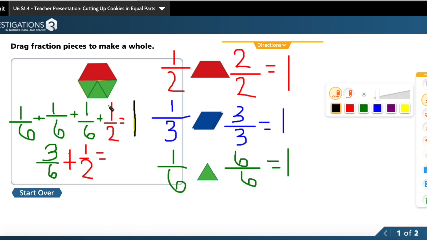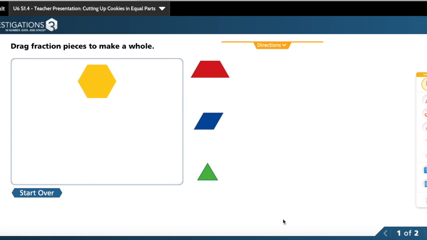What does my 3/6, my 3 green triangles, plus my 1/2, my red trapezoid equal? It equals 1 whole. So what we were just talking about is different ways that we can have equal fractions. And equal fractions are called equivalent fractions.